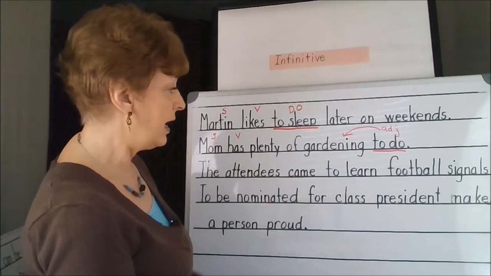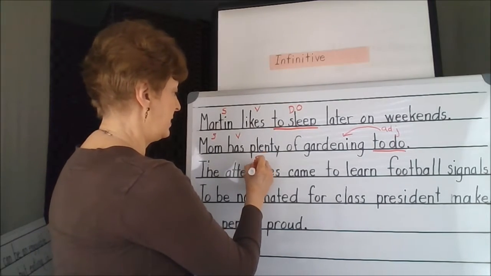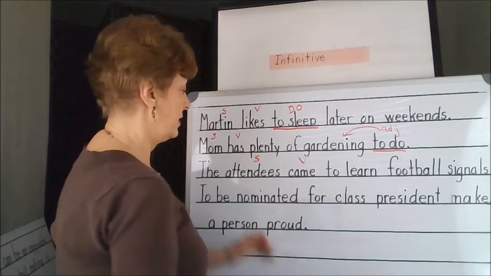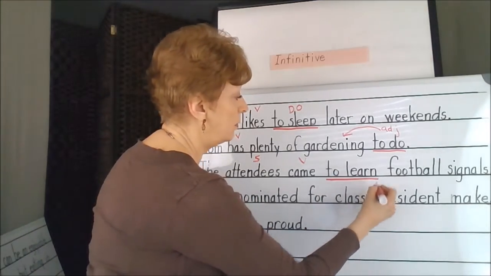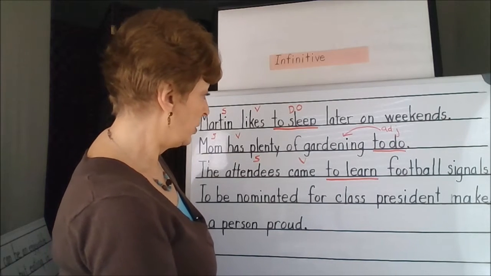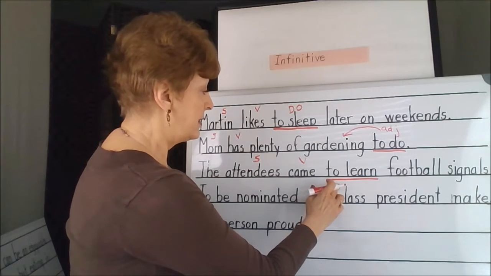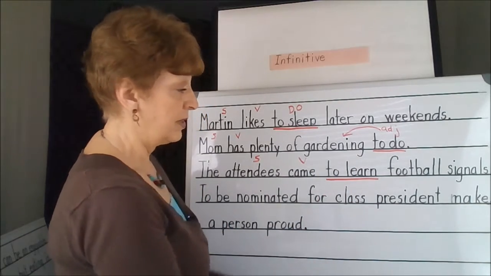The attendees came to learn football signals. Attendees came. Subject, verb. To learn. We have our infinitive form of the verb here. To learn. What does this modify? Well, what were they doing to learn?